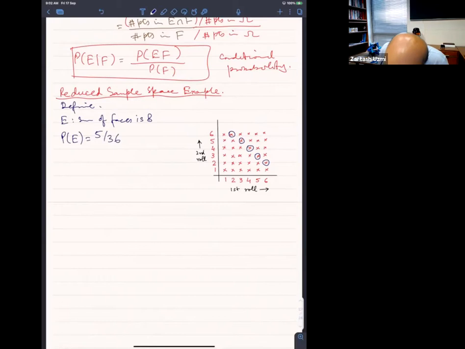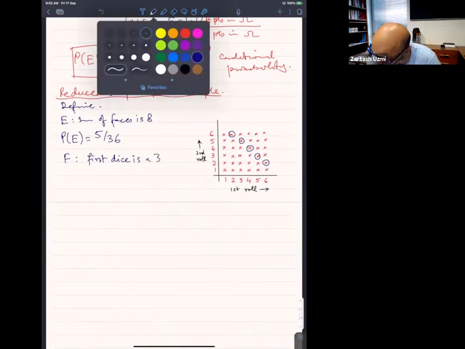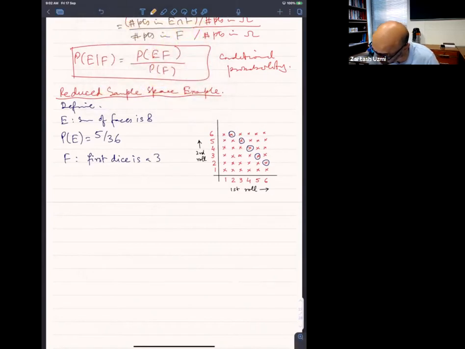Let's also define F that the first dice is a 3. So इसको भी हम draw कर लेते हैं. First dice is a 3. So the first roll is a 3 here. This is your event F. What is probability of F?